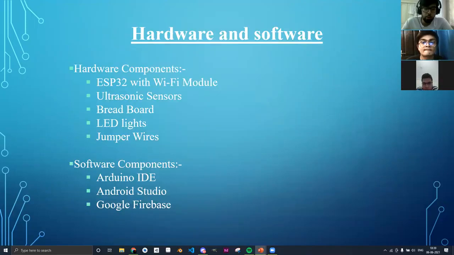So these are the hardware and software requirements for our project. Firstly, with the hardware components, we are using the ESP32 as our microcontroller. The ESP32 comes with an inbuilt Wi-Fi module, which we will be using to connect our system to a real-time database to control it with an Android device and also with the ESP32.